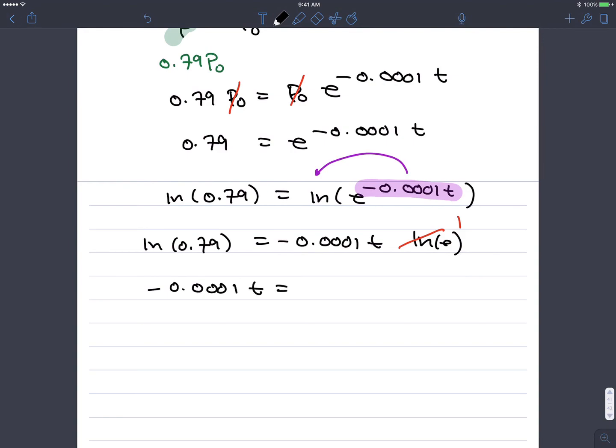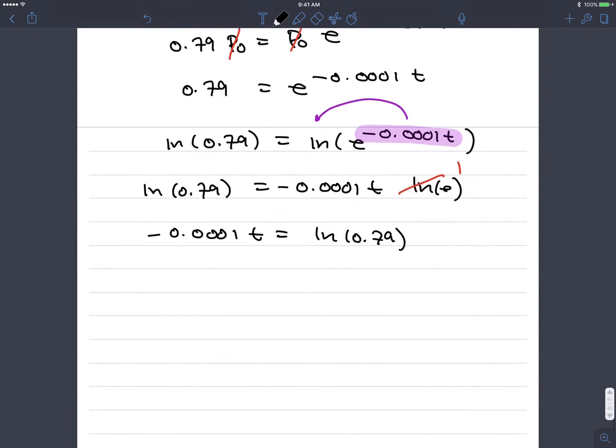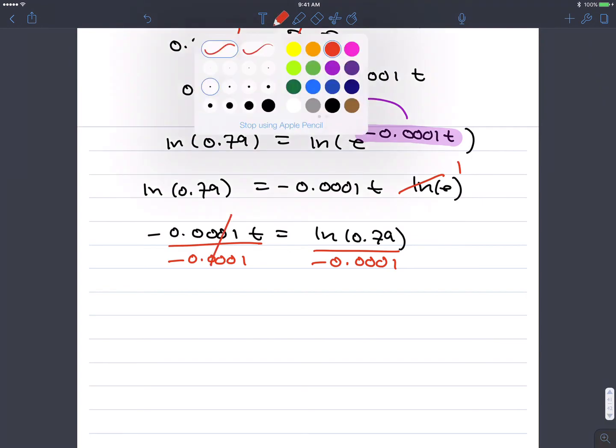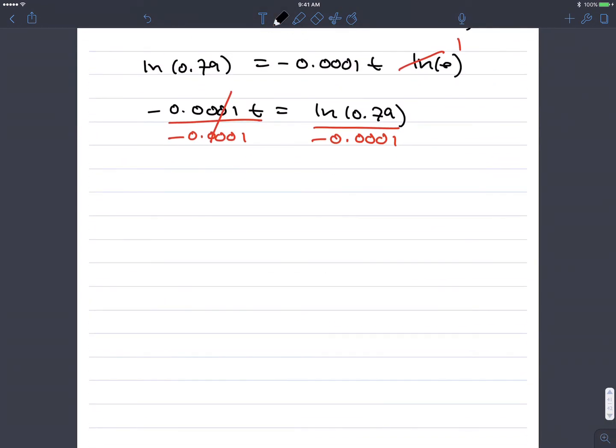Solving for t, cancel. You can get your t to be negative natural log 0.79 over 0.0001.